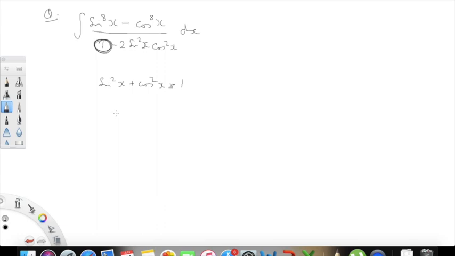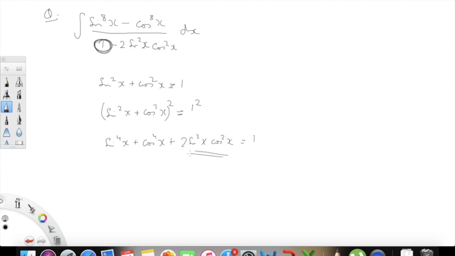Now, even if we square on both sides, it doesn't matter because both are positive terms, right? 1 square remains 1 itself, sine square plus cos square. Now this becomes sine to the power 4x plus cos to the power 4x plus 2 sine square x cos square x, right, is equal to 1.